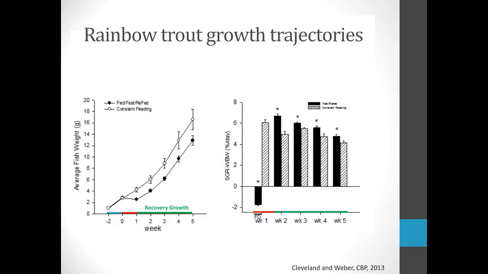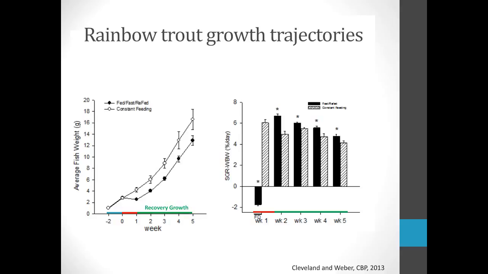We also harvested liver and muscle samples throughout the study to characterize how physiological mechanisms respond to feed deprivation and short and long-term refeeding. So looking at the graph on the left, you can see that we did not achieve a true compensatory growth response because the body weights of the 2 groups did not converge upon refeeding after feed deprivation.